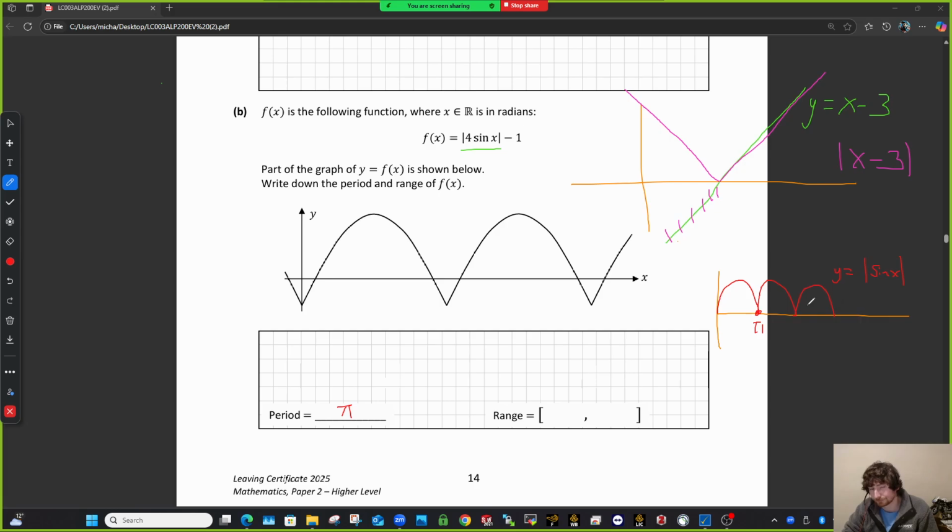Now, in terms of the range, if you put a 4 here, that just brings everything up to between 0 and 4. Okay, and then if you put a minus 1, you take 1 away from your y, it drops every value down. So it's like grabbing this graph here and just moving everyone down by 1.